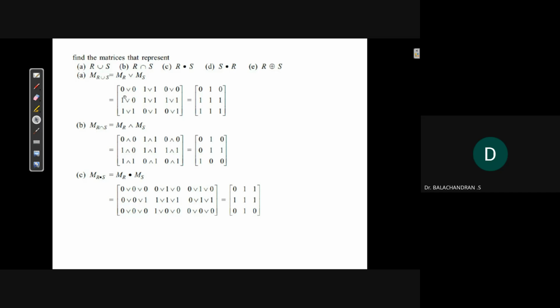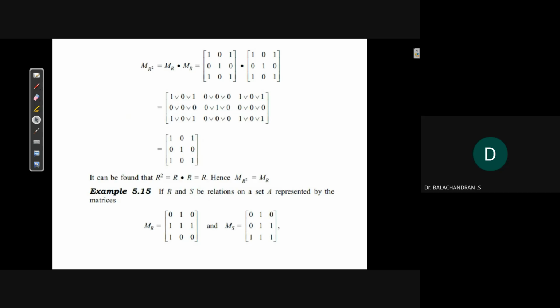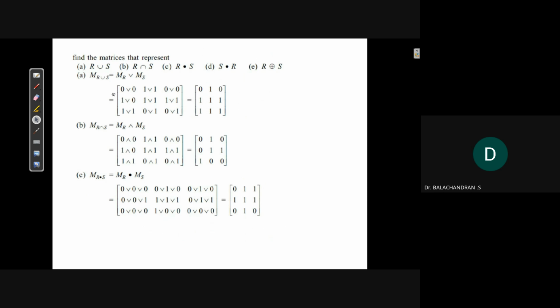Check the first row only: 1 join 1, 0 plus 0, so instead of 0 plus 0, 0 OR 0, and then 1 OR 1, and then 0 OR 0. Similarly, you can write the remaining elements. So here 0, 1, 0, 1, 1, 1, and then 1, 0, 1, 1, 1.